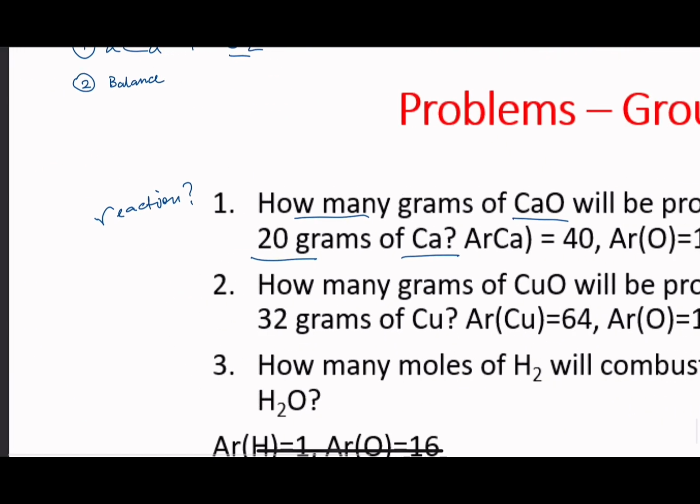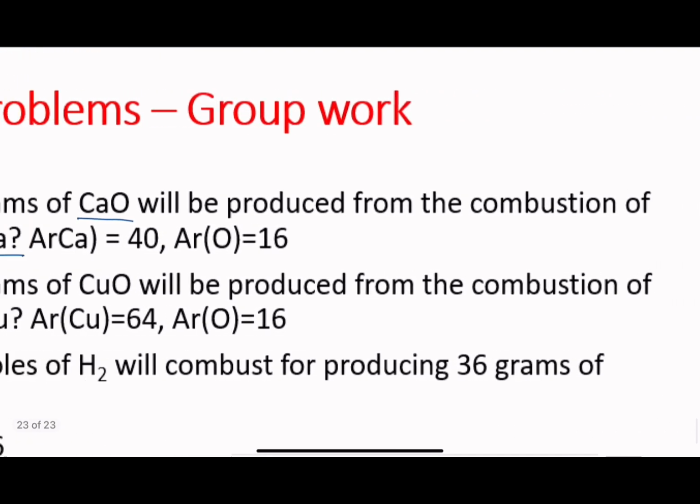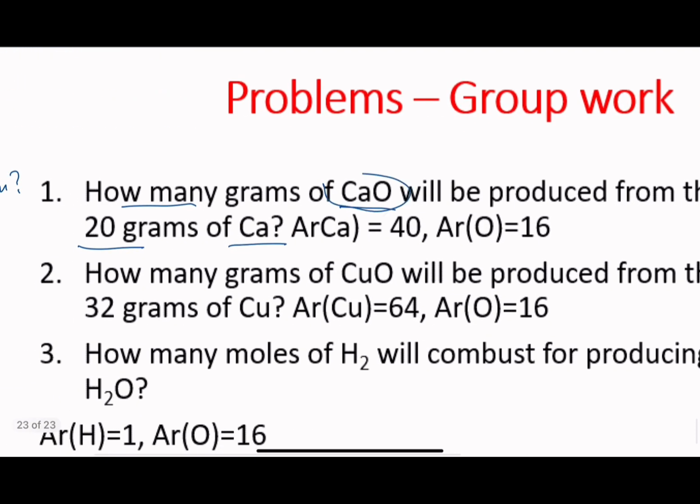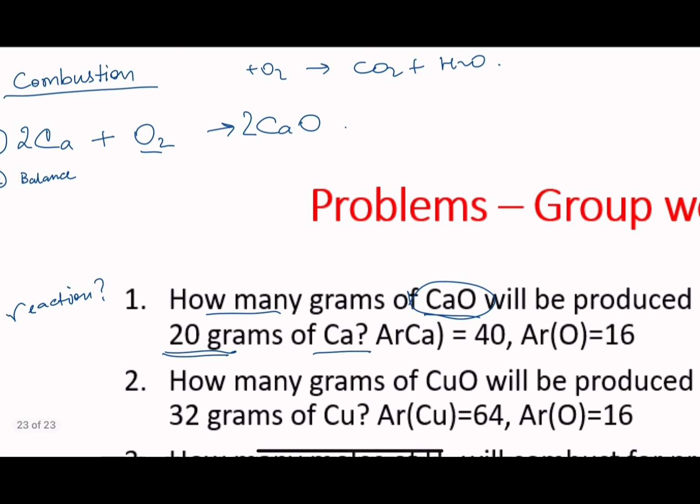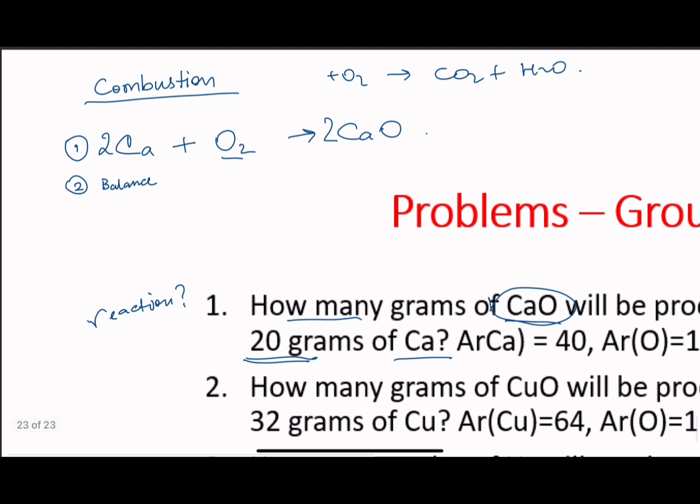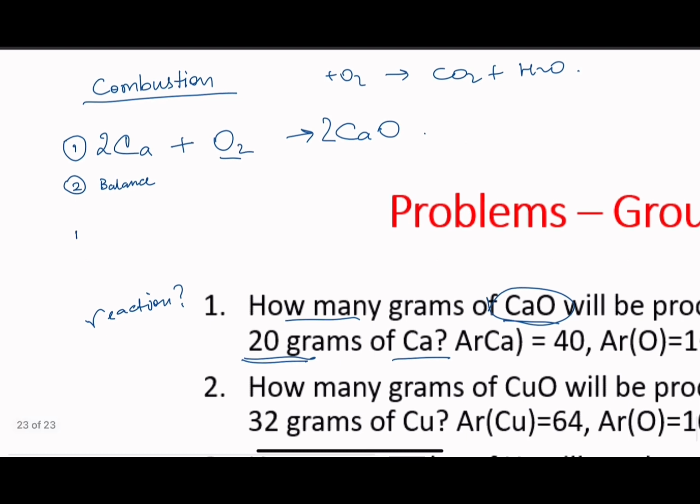And then over here it's asking me how many grams of calcium oxide will be produced from 20 grams of calcium. So 20 grams of calcium, you don't know how many moles that is. Calcium is given to you as 20 grams.